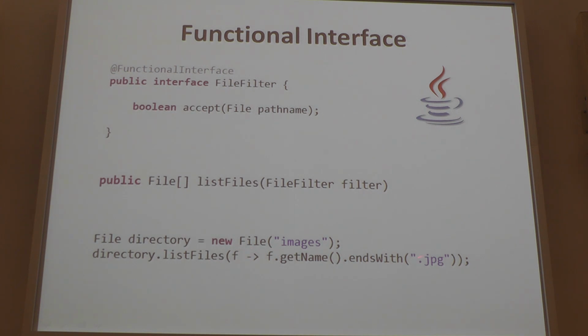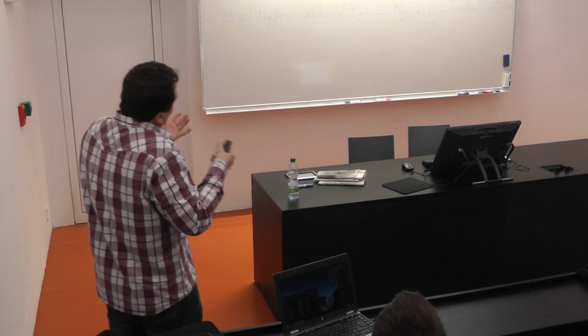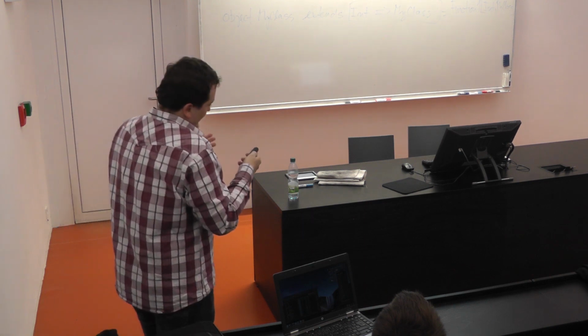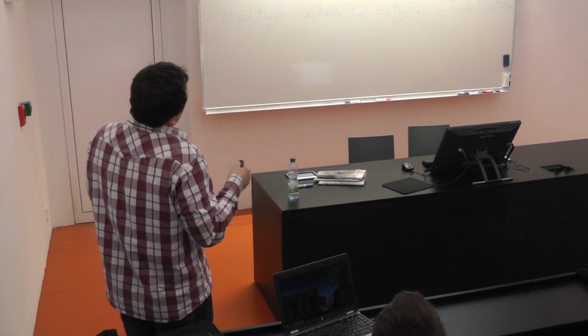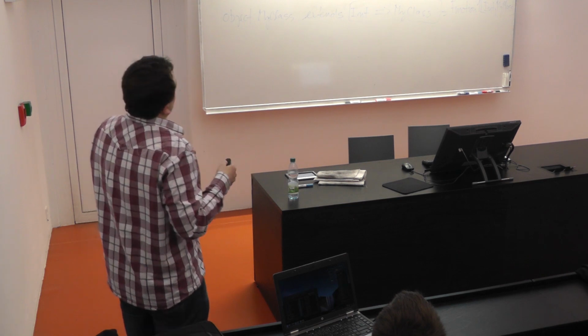So at this place, f is a java.io.File, and it returns a boolean. So that is the example of the target typing that I had on the previous slide. The actual type of the expression is resolved at the place of its use.